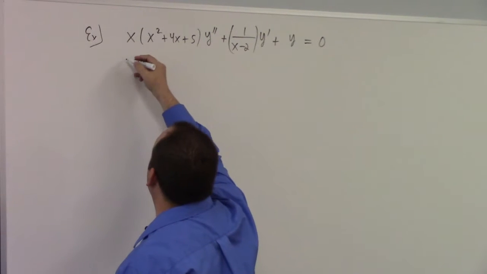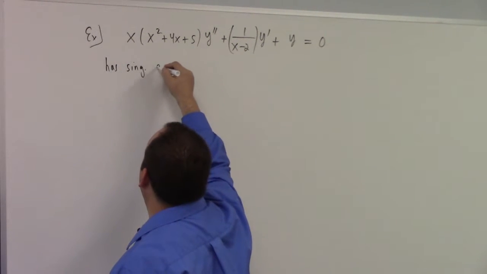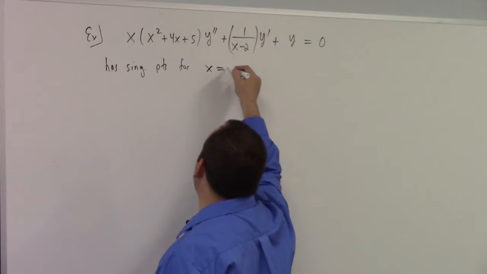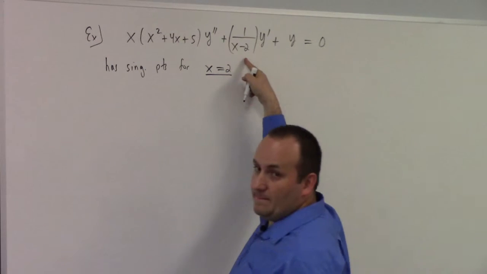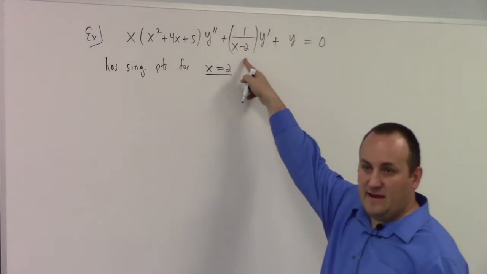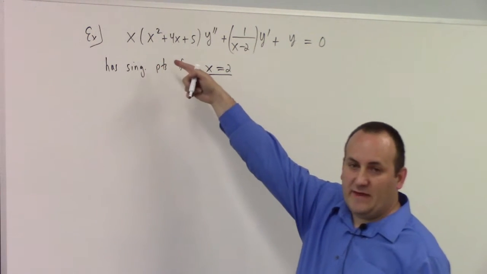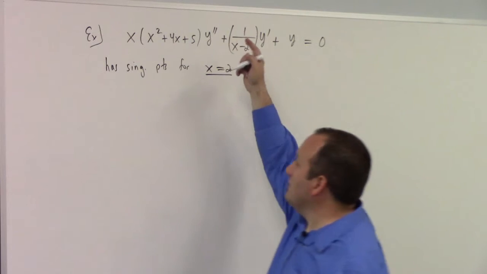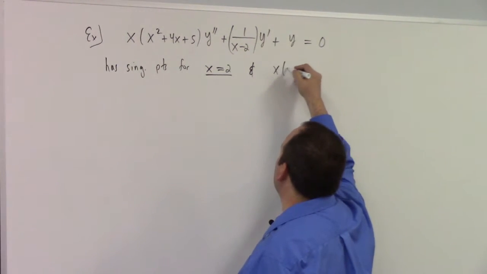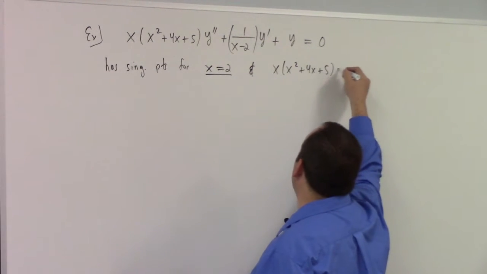So this will have singular points for, well, obviously x equals 2 is a trouble. That's going to give us a place where this coefficient is not analytic after we divide by the leading coefficient. But even without dividing by the leading coefficient, you can see, and also wherever x times (x squared plus 4x plus 5) is equal to 0.